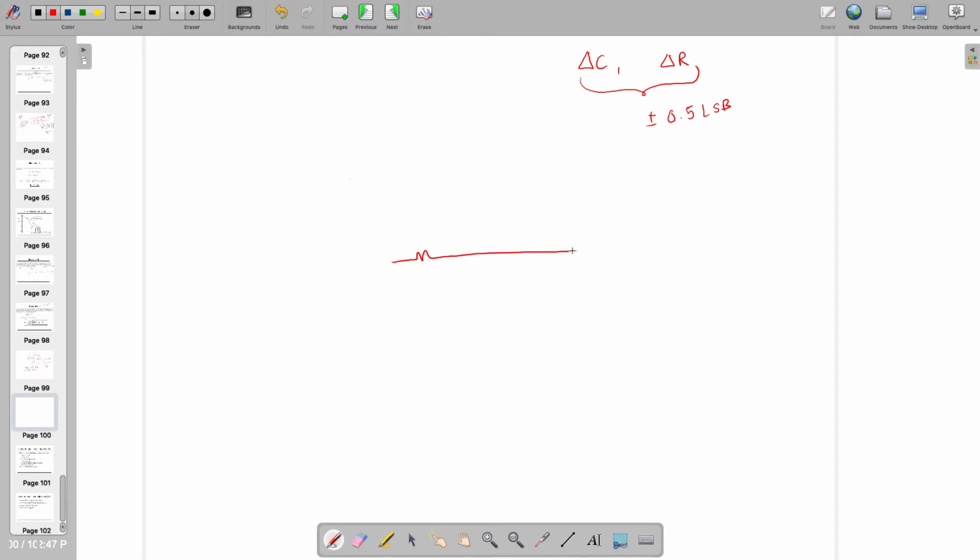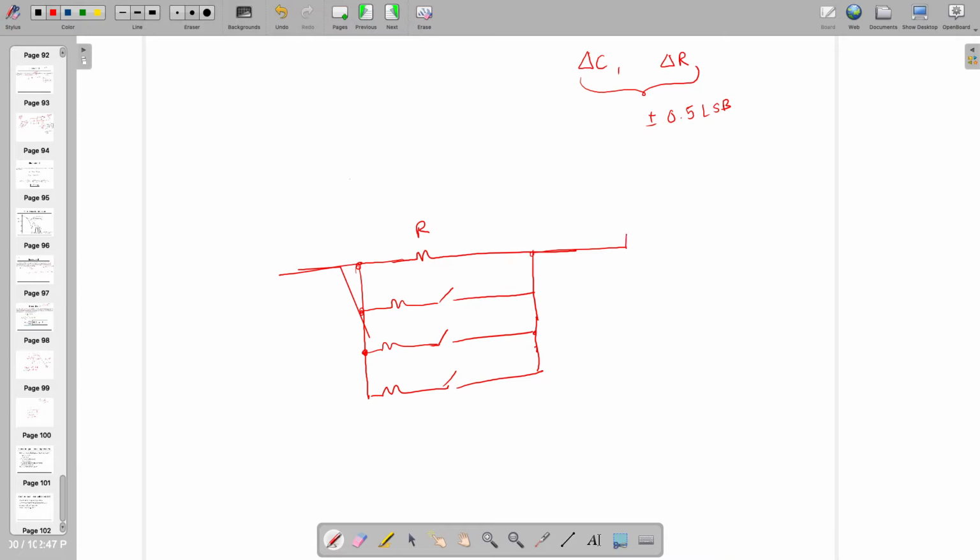So this resistance is available here. There are many other ways through which you can make the same thing. Something like this, and then the capacitor is here.